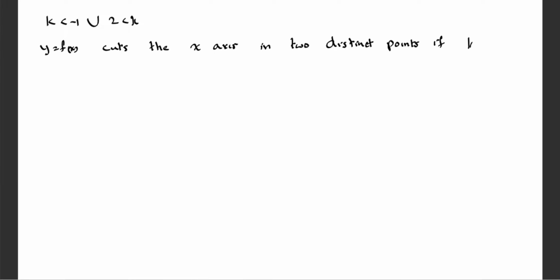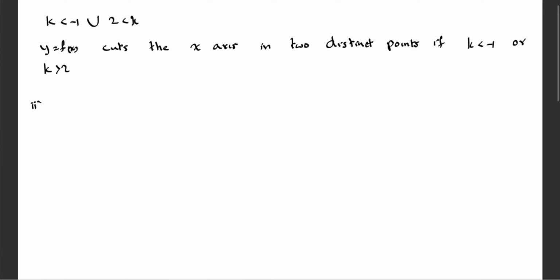So you can say that y equals f(x) cuts the x-axis in two distinct points if k is lesser than minus 1 or, union meaning or, k is greater than 2. Okay, that part is proved.